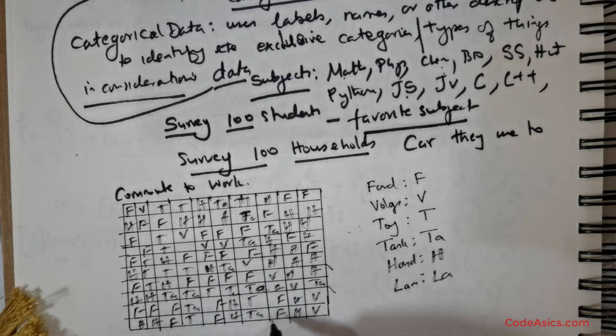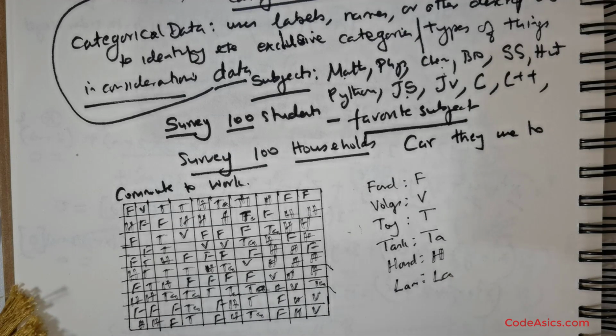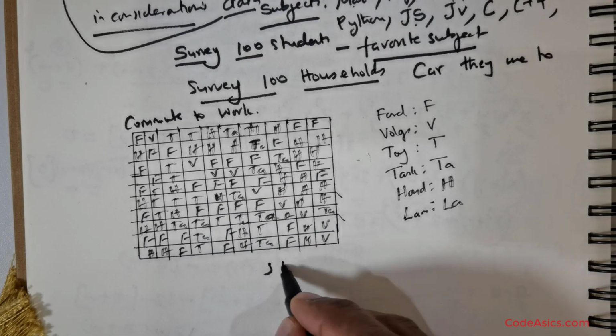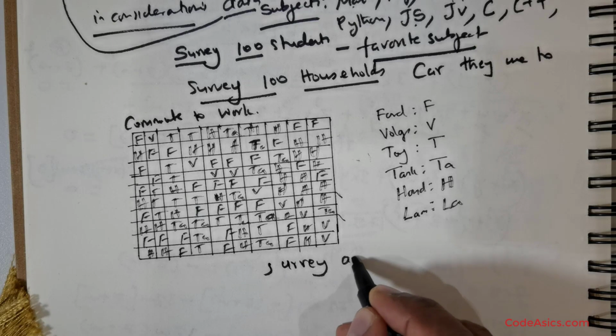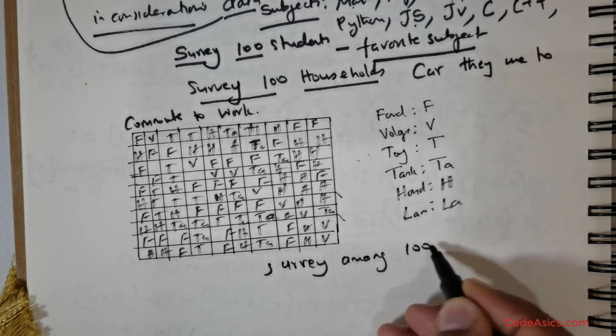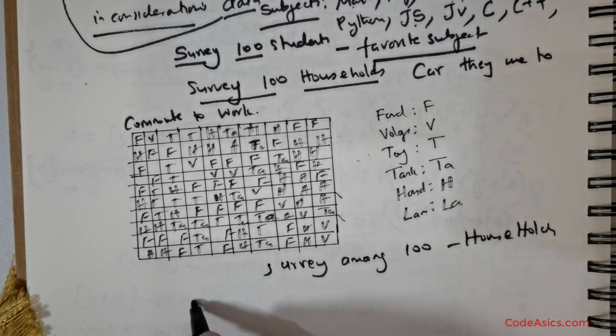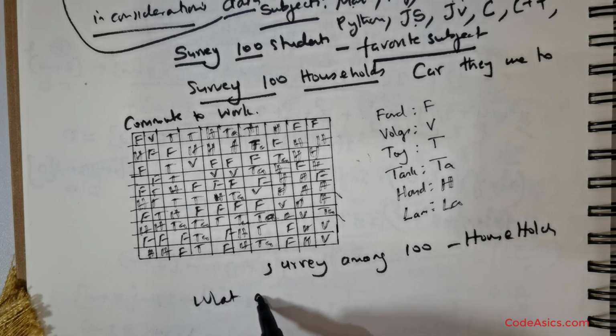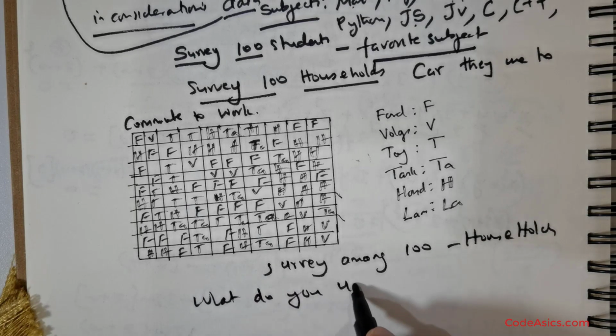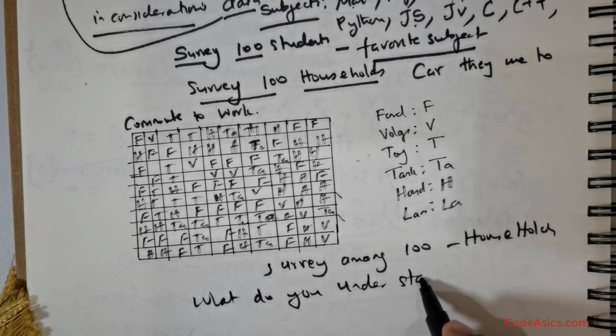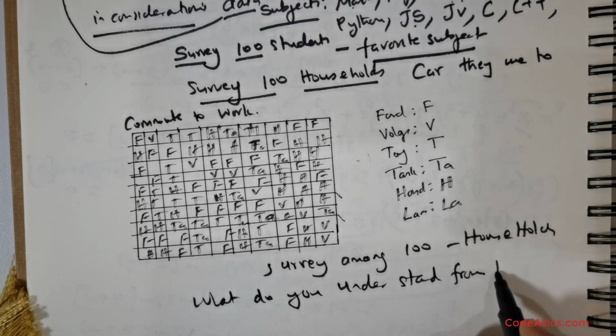My question to you is, this is the data, and we have got this data after conducting a survey among 100 households. Now the question is, what do you understand from this?